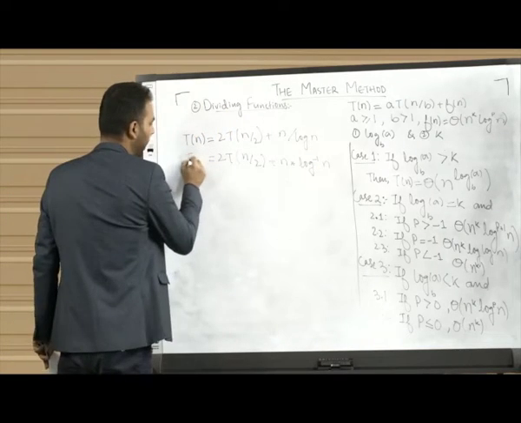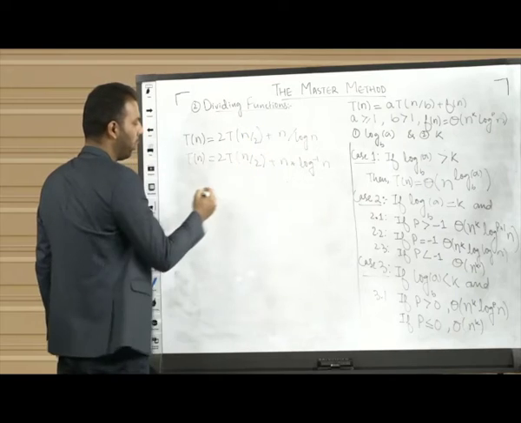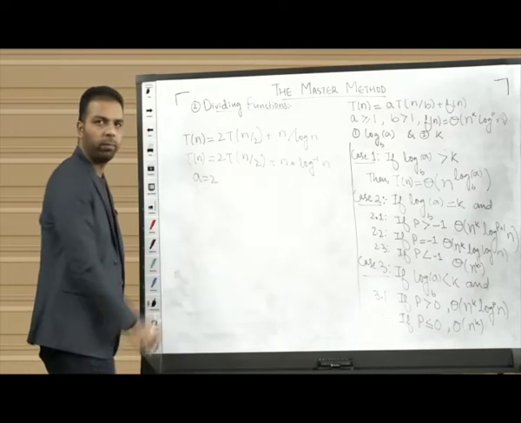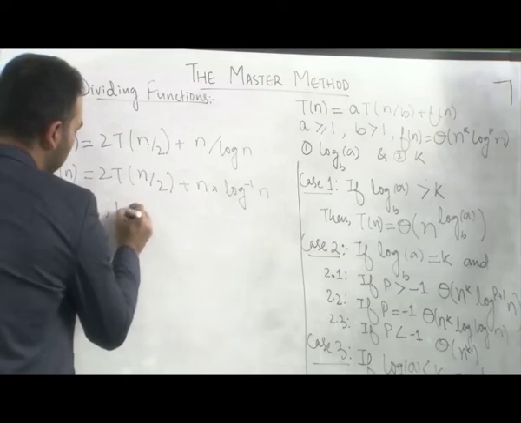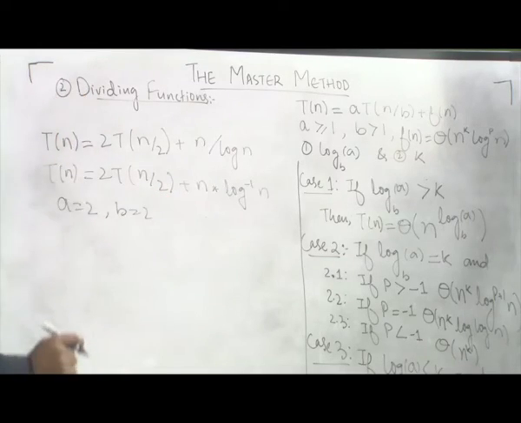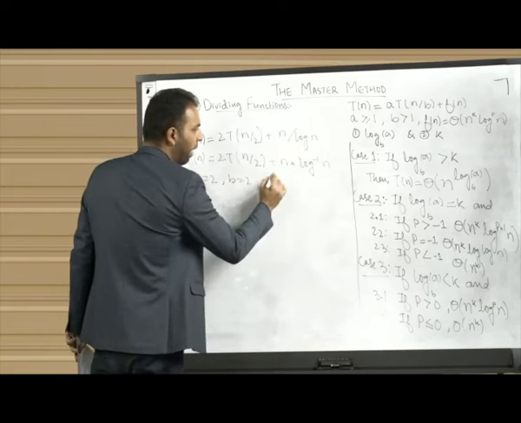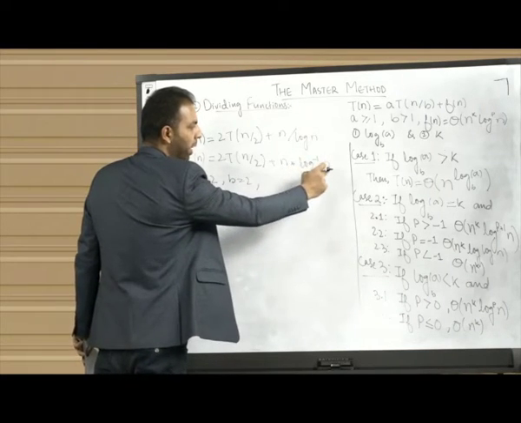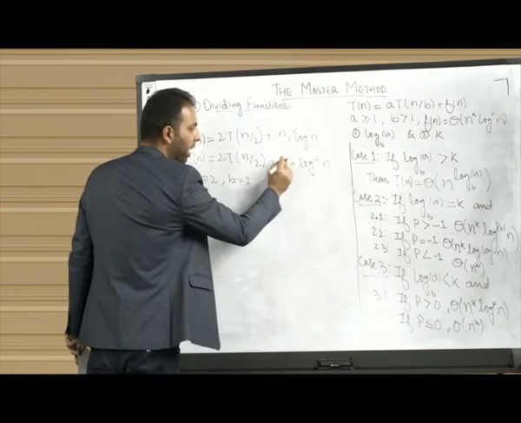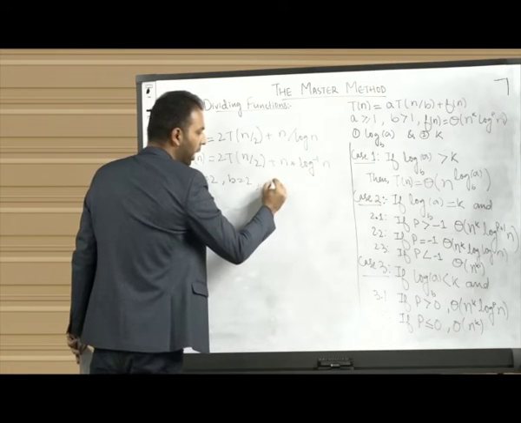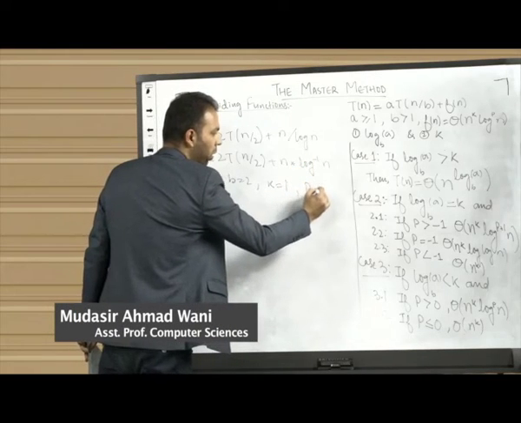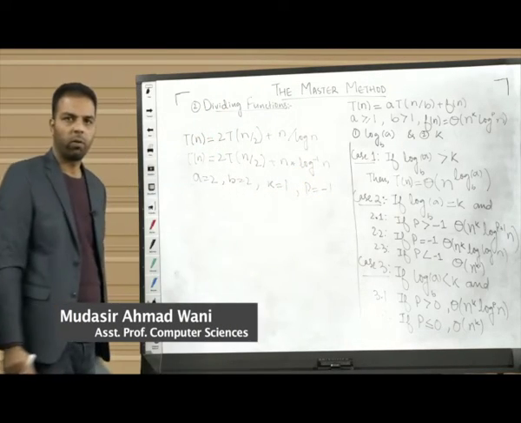So now we can say about those terms. Here a is equal to 2, fine. b is equal to 2, fine. And f of n is n raised power 1 log raised power minus 1 n. So n raised power 1 means your k is 1 and log raised power minus 1 means p is equal to minus 1. Fine.